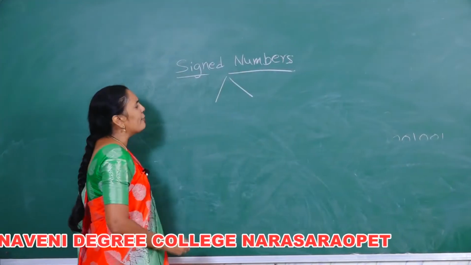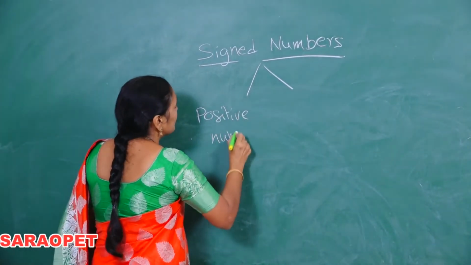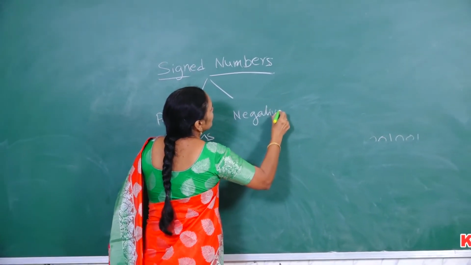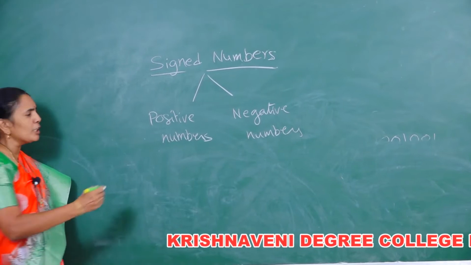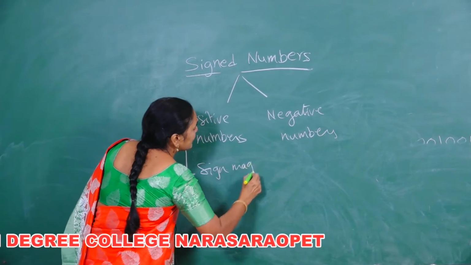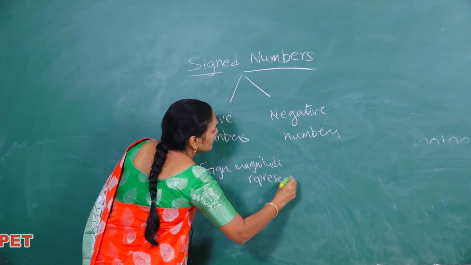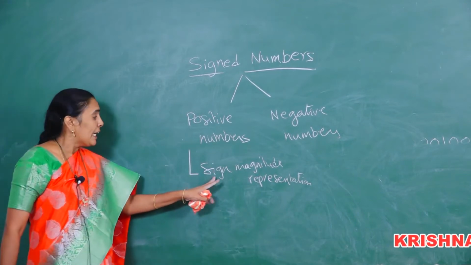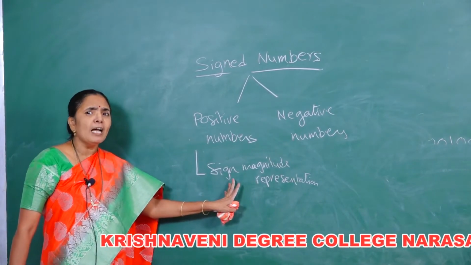So, this is the way how they represent the signed numbers in the binary format. Signed numbers can be divided into two types, that is positive numbers and negative numbers. Positive numbers will have only one representation, that is sign magnitude representation, in which the leftmost bit acts as a sign bit and the remaining bits represent the magnitude.